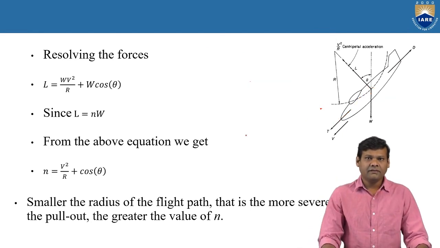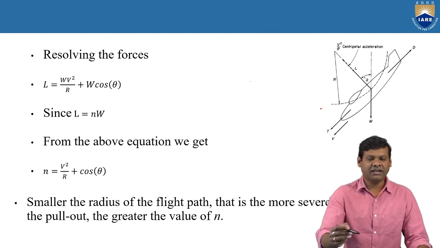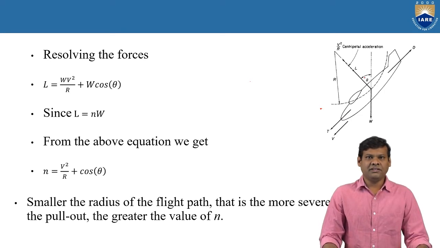Now resolving forces along the vertical direction, we get L equal to W V square by R plus W cos theta. From this you can figure out what theta is. And now we resolve the forces around the vertical direction.